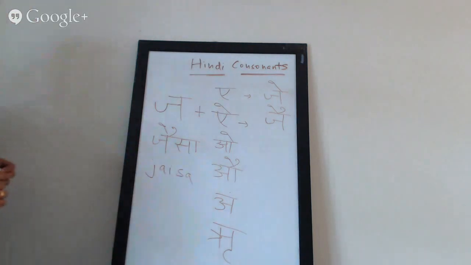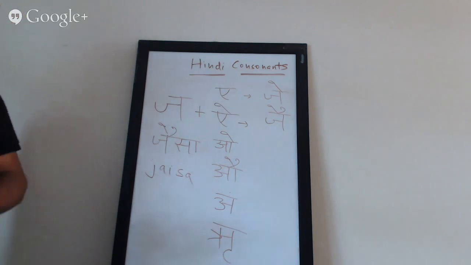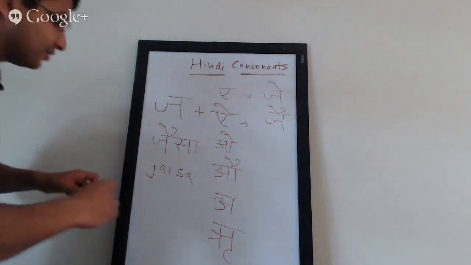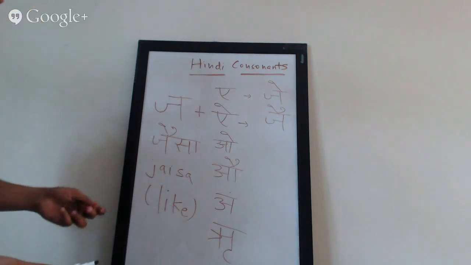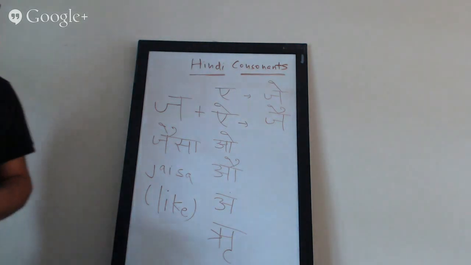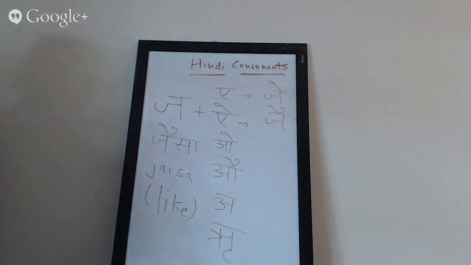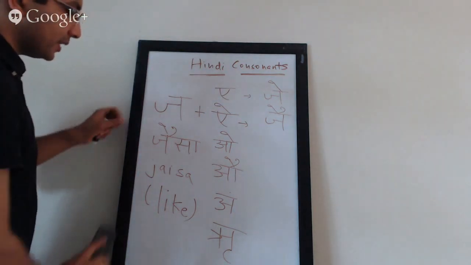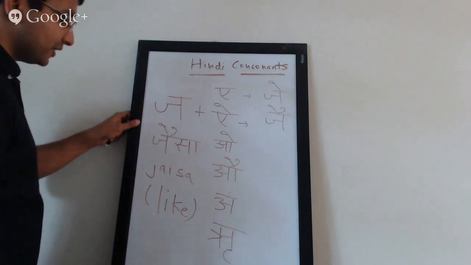Jaisa is, for example, if you use it as such, I mean, जैसा करोगे वैसा मिलेगा, one of the phrases, but जैसा is actually आप जैसा, like you, right? मेरे जैसा, like me. Right? I think I have one video where I have discussed this particular keyword as well. So you can look up there as well. I can put a link of that video toward the completion of this class.